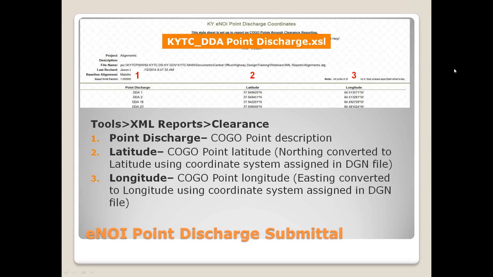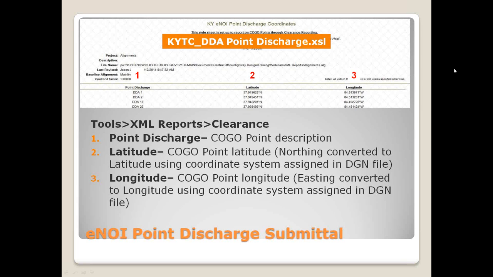And these are actually pulling from the COGO point northing and easting information, and they're actually being converted to latitude and longitude using the coordinate system that's assigned to the MicroStation DGN file when you create the report.